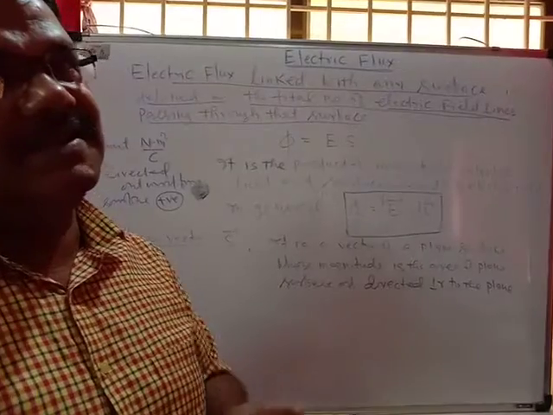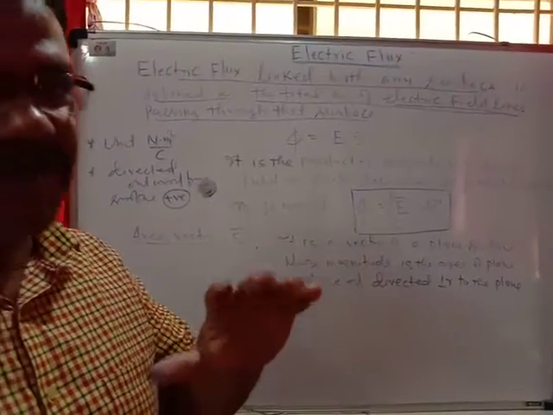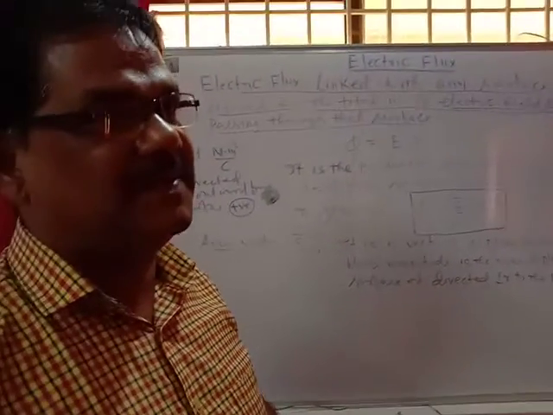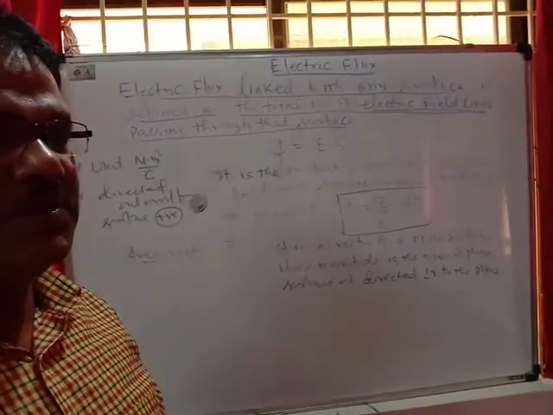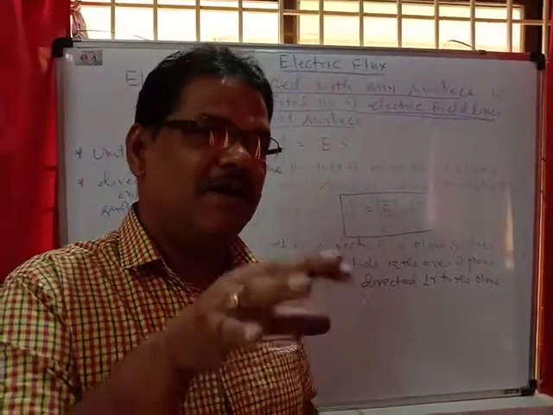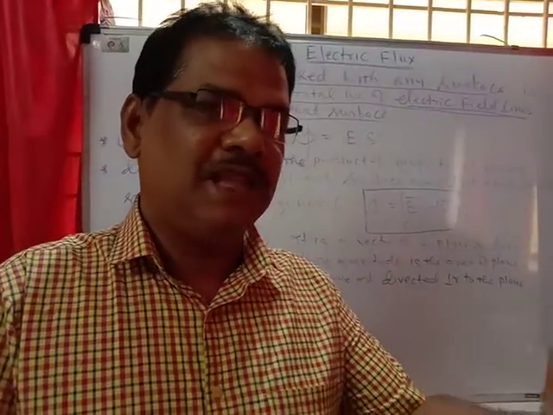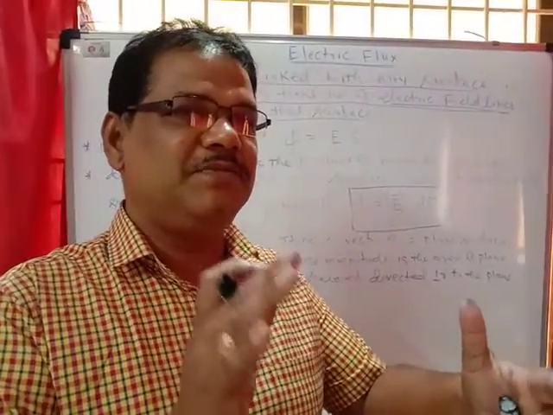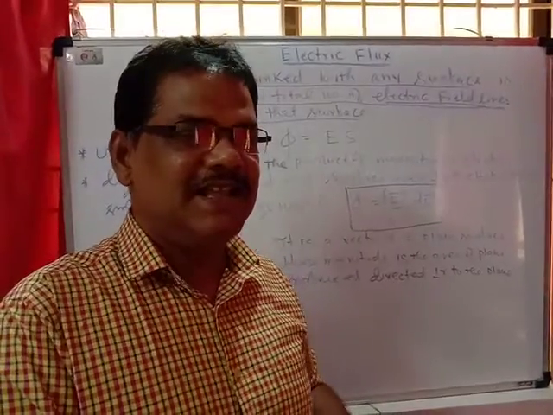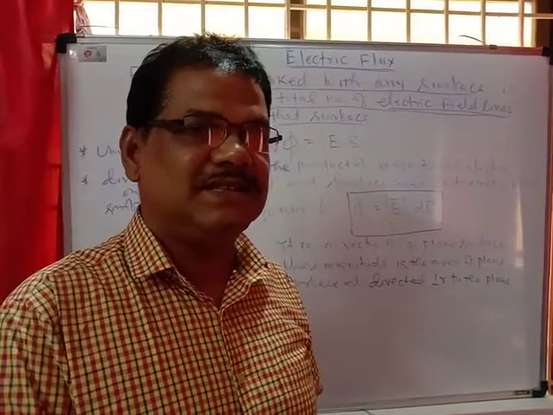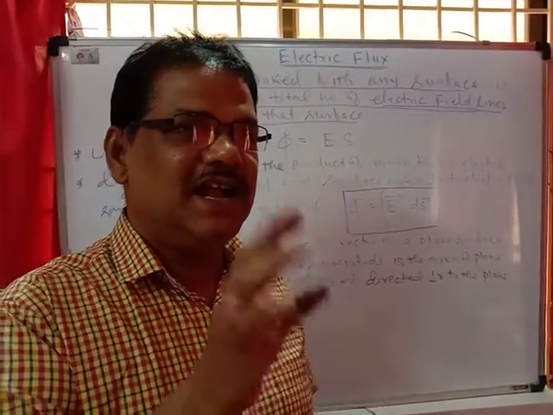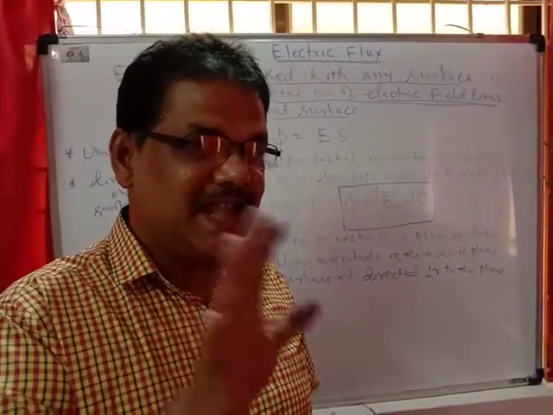Electric flux is the electric field lines which are crossing the surface area. Suppose you fire 100 bullets and they strike a surface. Out of 100 bullets, if 60 bullets strike the surface, those 60 bullets are considered as the flux and the 100 are considered as the electric field lines.